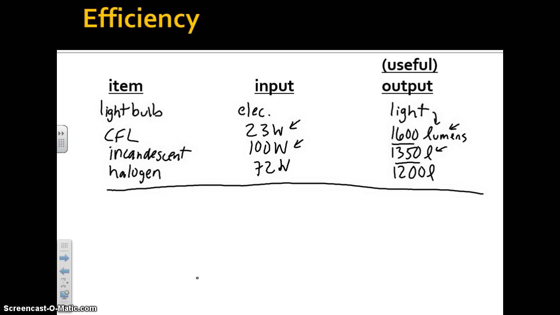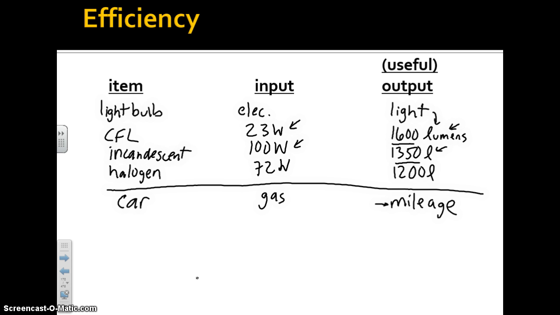Let's look at one more example. Let's look at a car, or an automobile. What do I want to do with the car? What's my useful output? You could say miles driven or mileage. You want it to get you from A to B. So in order to get my mileage out, I have to input gas.